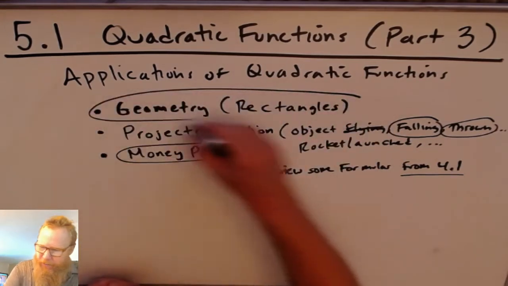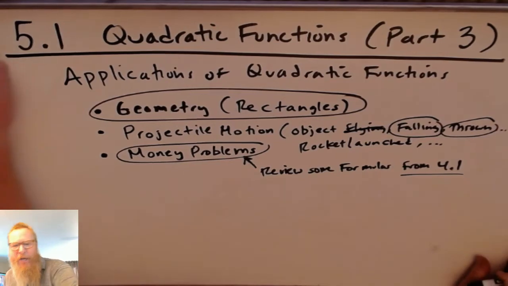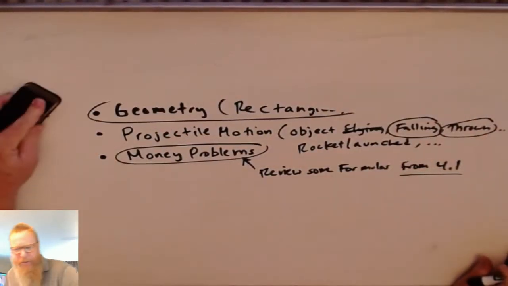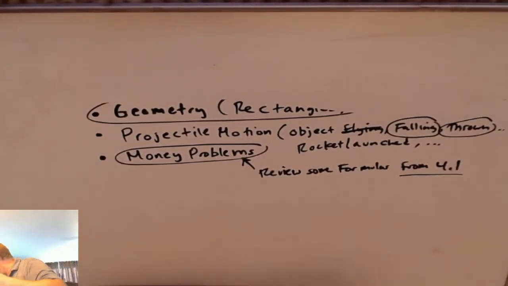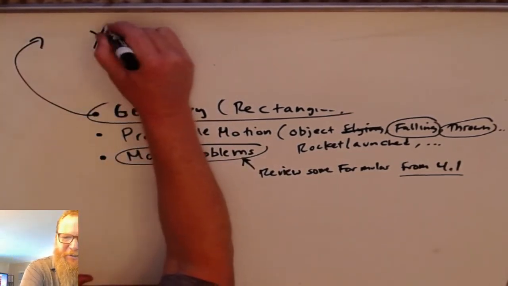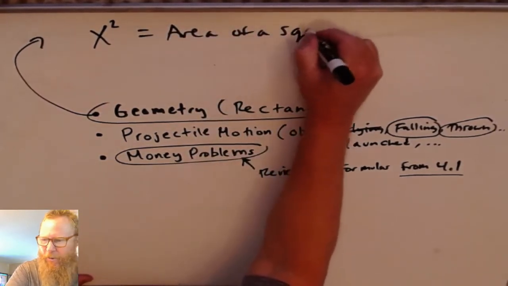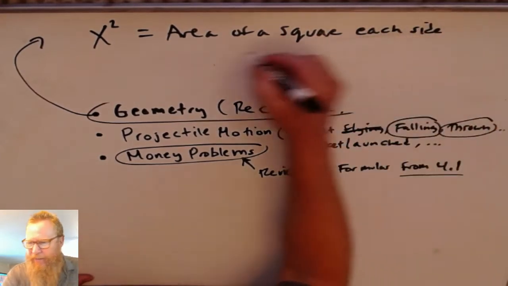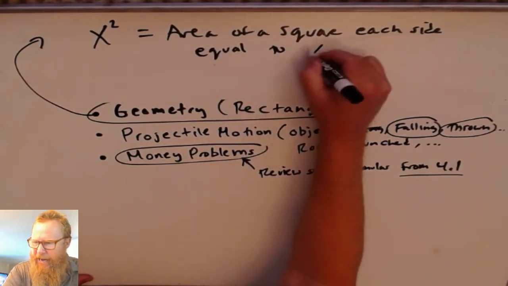We'll start with geometry. I hope it's obvious why geometry is a good application for a quadratic function. It might not be obvious, but when we talk about geometry, x squared is the area of a square with each side equal to x.